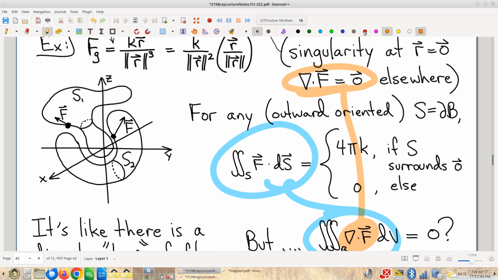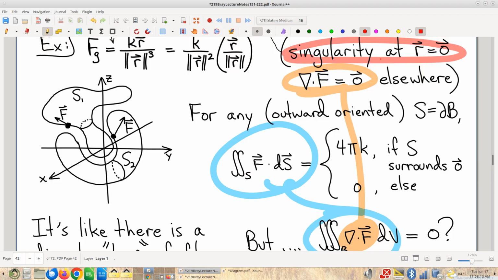Surely this one single point doesn't mess things up? Why, yes, it does. Because sometimes these are really different. The triple integral would appear to be 0, but the flux is actually very much not 0 sometimes. So this is what a singularity can do. Singularities can mess things up.